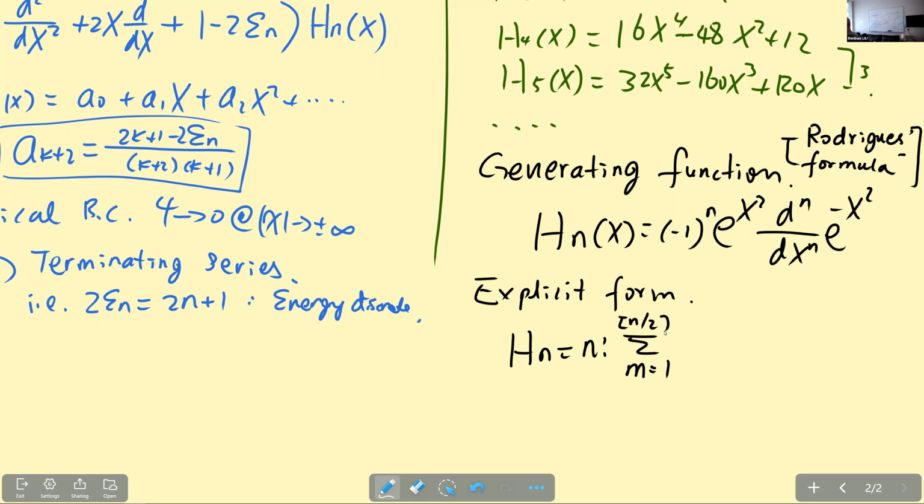So for the nth order, the power maximum is n, right? And this is an integer number.